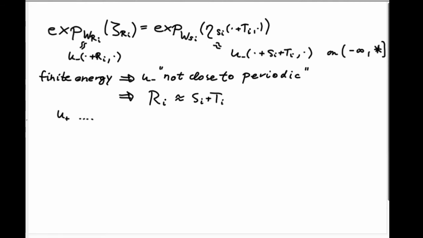And for U plus, the shift works a little differently because there's a minus sign here on the Si, but not on the Ti. So that's going to tell me that Ri is also close to Si minus Ti. And so together that tells me that Ti is actually bounded and close to 0. And the R's need to be close to the S's.